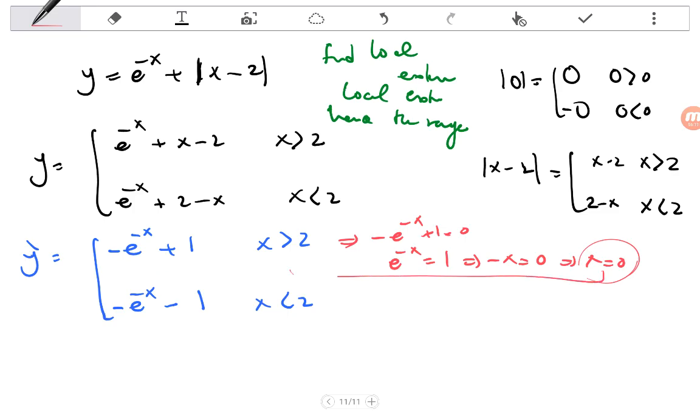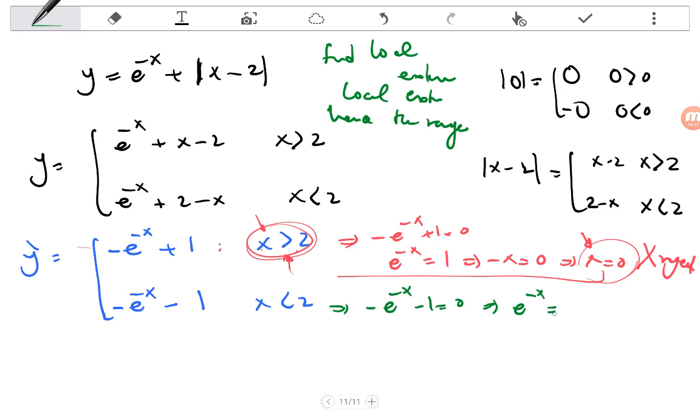Is x equal to 0 in the domain of the branch? Remember that for this first branch, x must be greater than 2. So no, it is out of the domain, and this is rejected. So let's check the other branch. I will check minus e to the minus x minus 1 equal to 0.